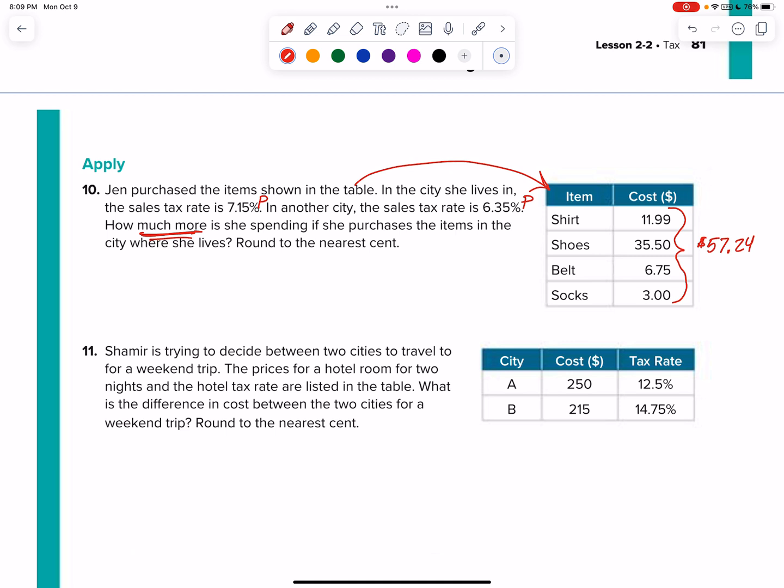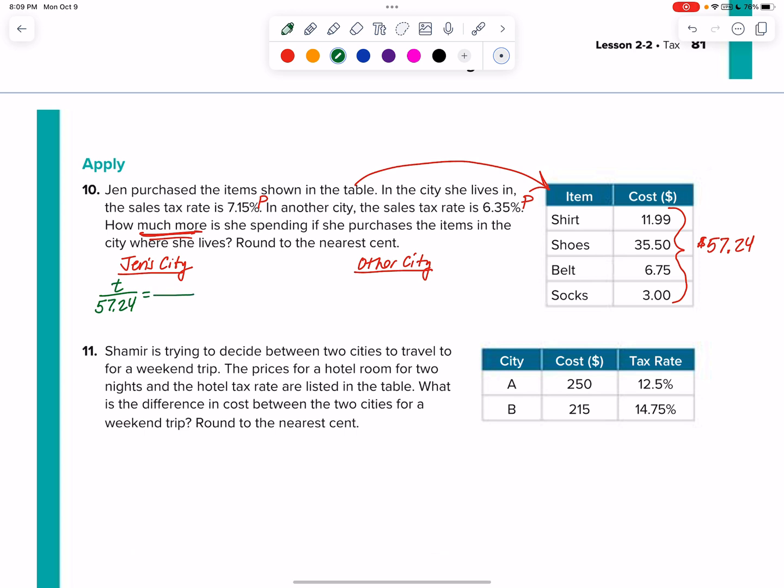And so we're going to have to find how much tax there is if she bought those items in both cities. So let's do a little bit of labeling here. We'll say Jen's city, and then we'll say other city. Organization is really important when you're doing math work. Let's set up your proportion here. I don't know the tax as money. I do know the cost of the items at this point is $57.24.